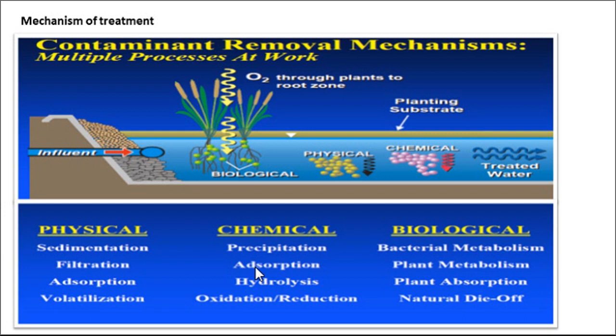And in biological treatment, bacterial metabolism, plant metabolism, plant absorption and natural die-off take place. By these three techniques the treatment takes place, and these are called the mechanisms of removal.